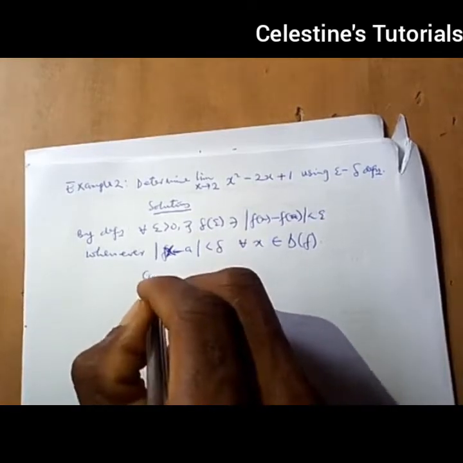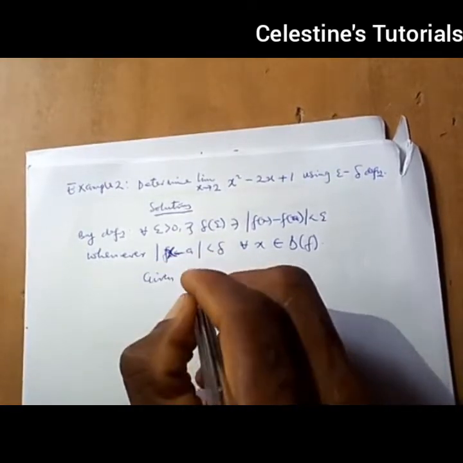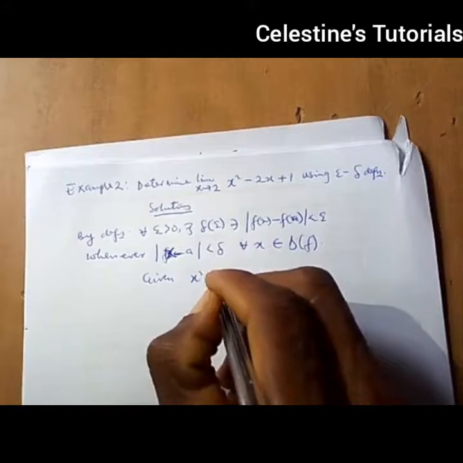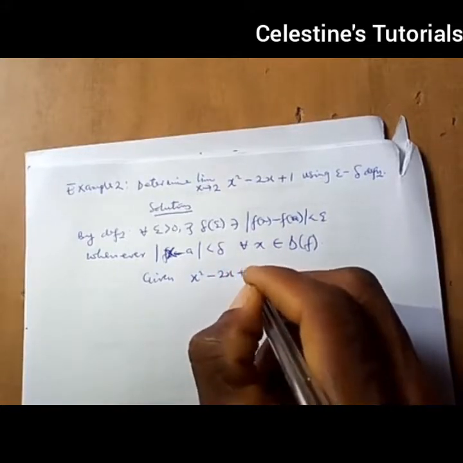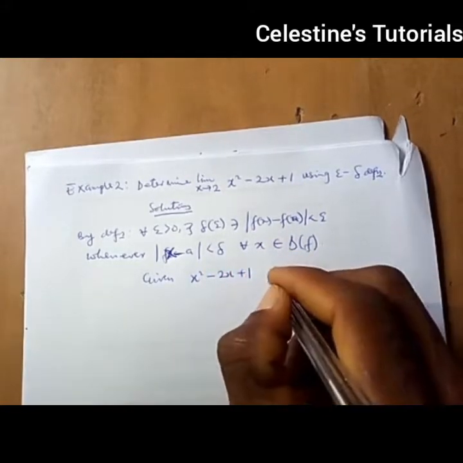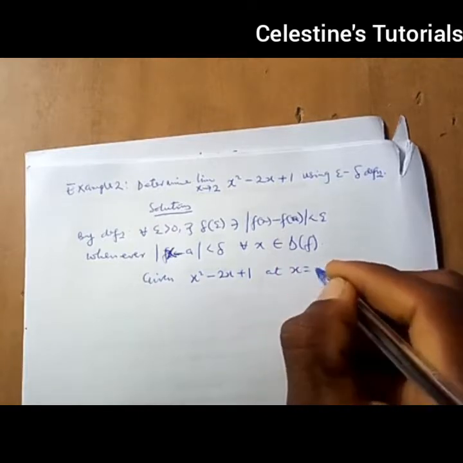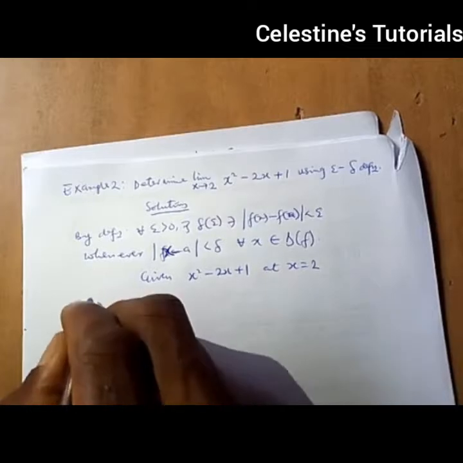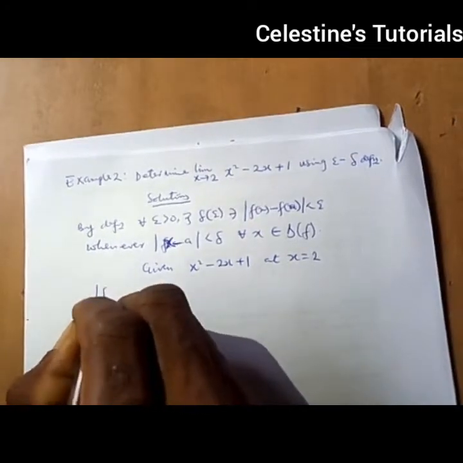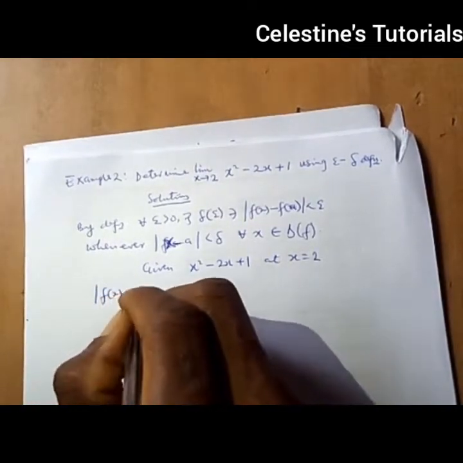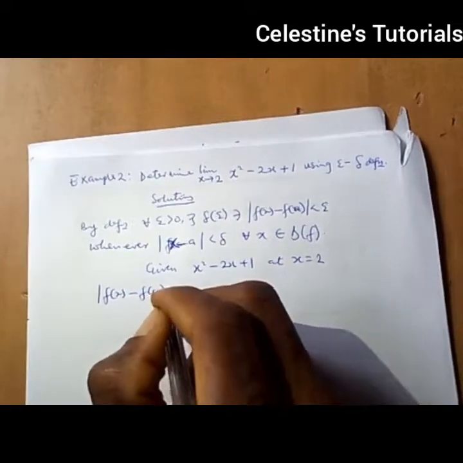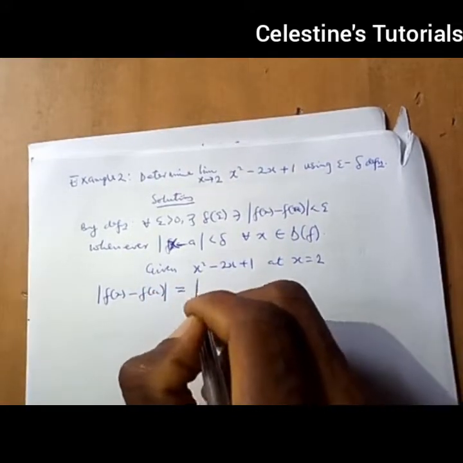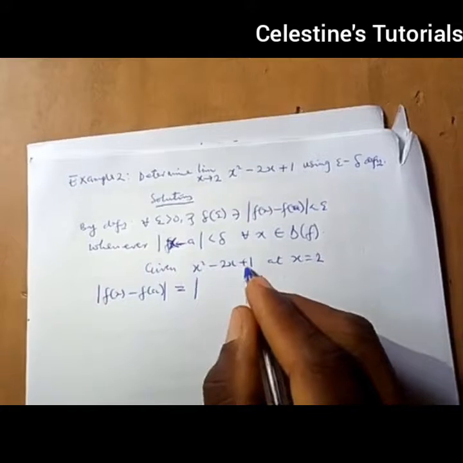Now given x squared minus 2x plus 1, at x equal to, because x tends to 2, so at x equal to 2, this implies |f(x) - f(a)| is equal to, what is your function? x squared minus 2x plus 1.